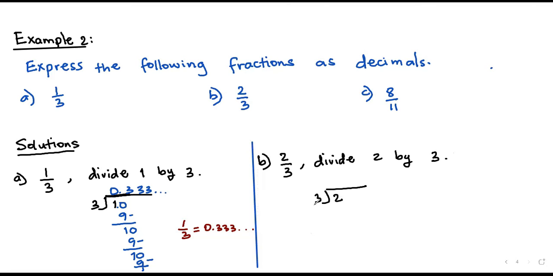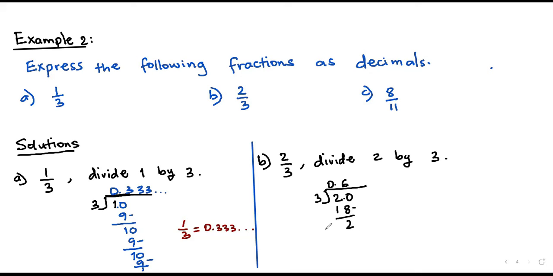What is 2 by 3? Cannot. So we write a 0, and here we also have a 0, but we read it as 20. What is 20 divided by 3? 6. And 6 times 3 will be 18. So let's consider 20 minus 18. What do we get? 2. You see, we are getting back to 2.